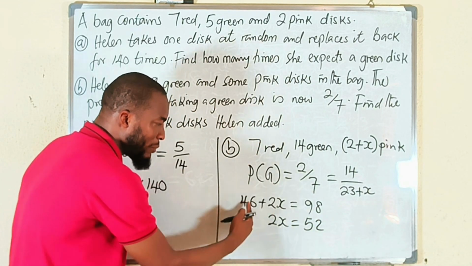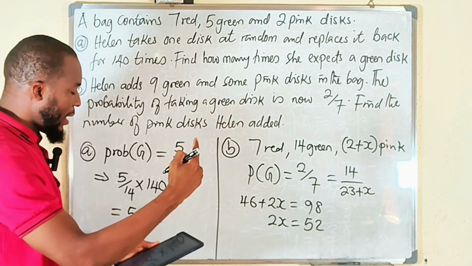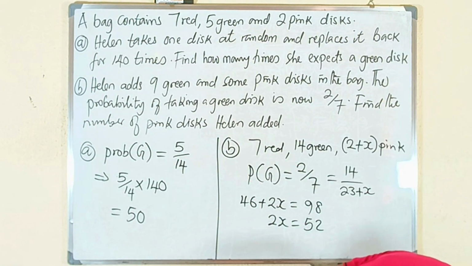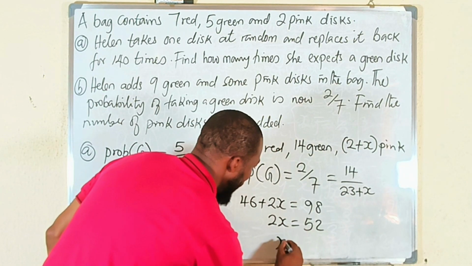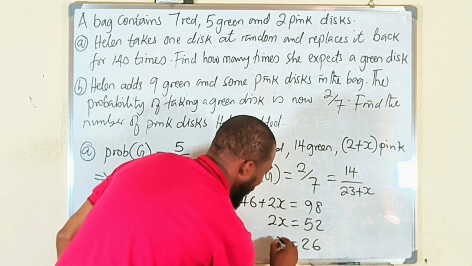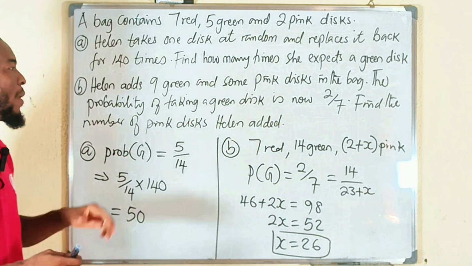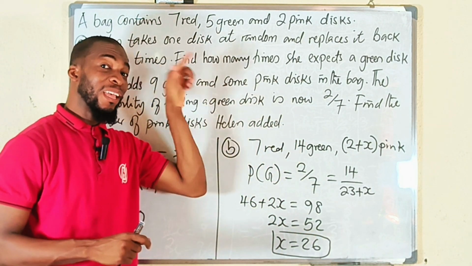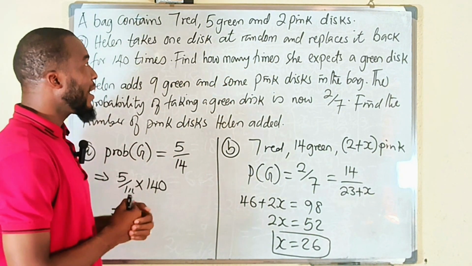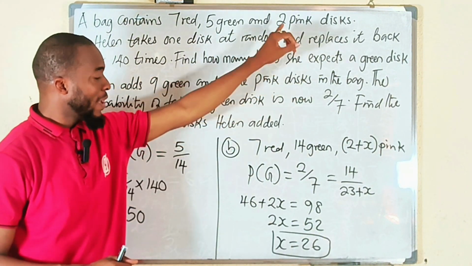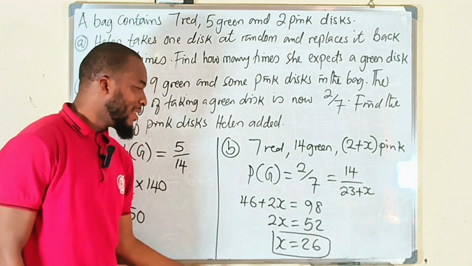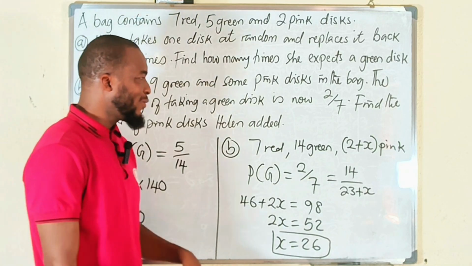That is 98 minus 46. And later we can divide both sides by 2 to get 26, right? This is 26. So it means that she has added 26 new pink discs into the existing two pink discs. Together now we have 28 in the bag. So these are the solutions to these two problems.